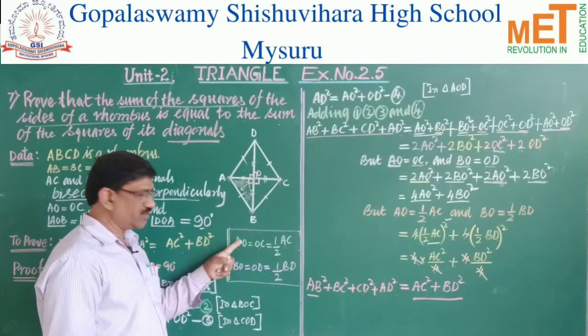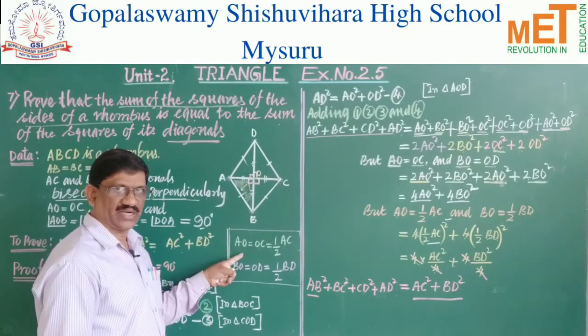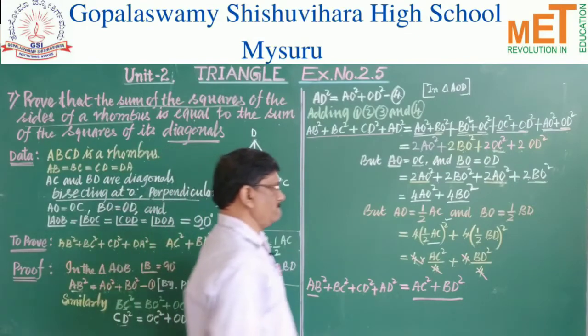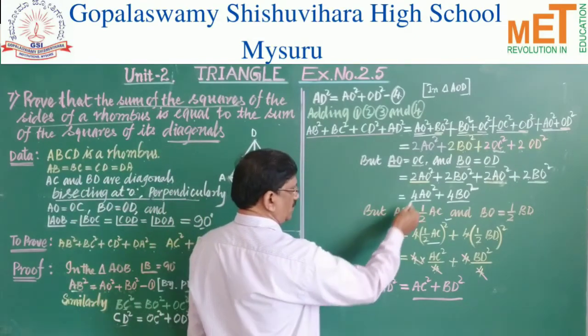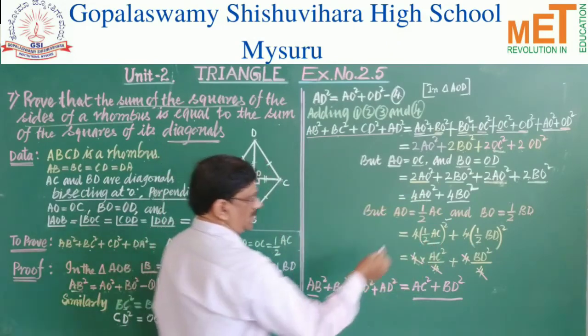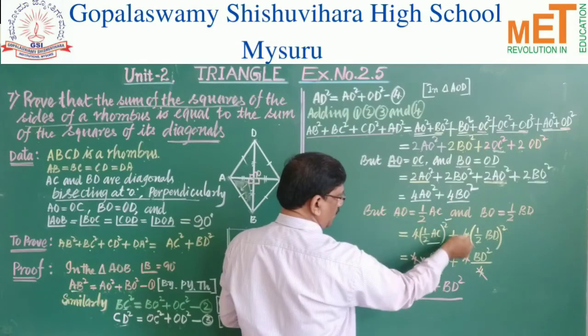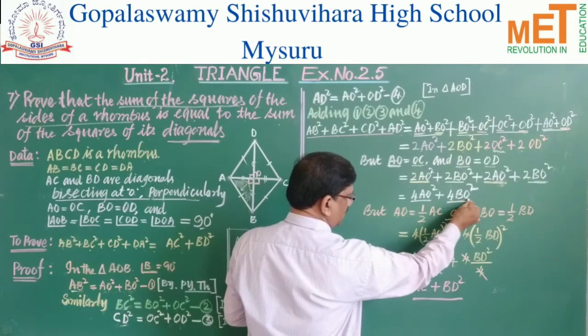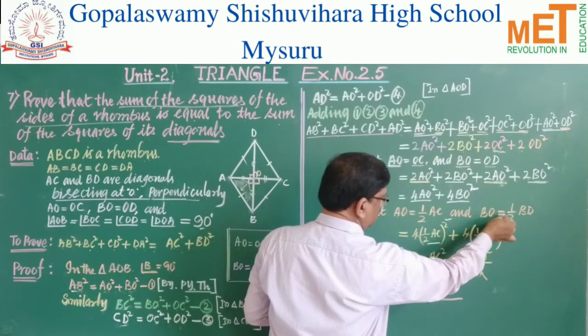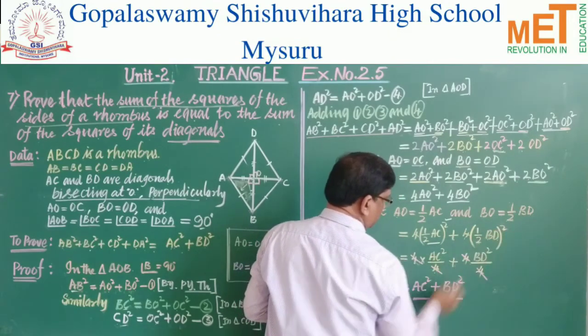While writing the notes you could write it down, but during the examination no need to write this. Clear, children? Here so 4, in place of AO I am applying half of AC whole square, plus 4 into, what is BO equal to? BO is equal to half of BD. So half of BD whole square.